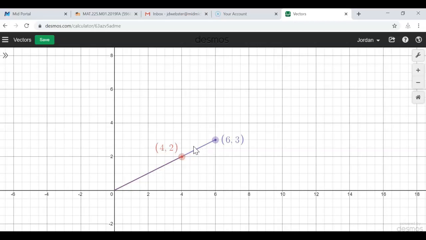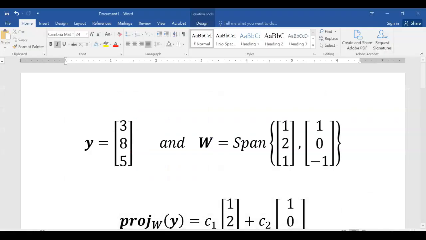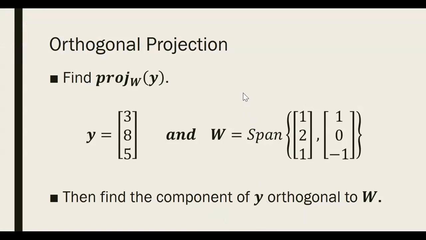So projecting 4, 2 onto 6, 3 would have just given me 4, 2. And then the orthogonal component would have been the 0 vector because I don't have to move anywhere. So if these are in a line, then those types of things happen. I'll try to explain a little bit of that in detail later, but there we go.